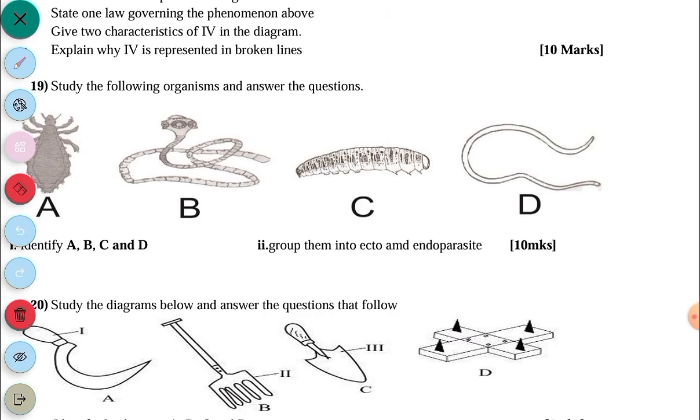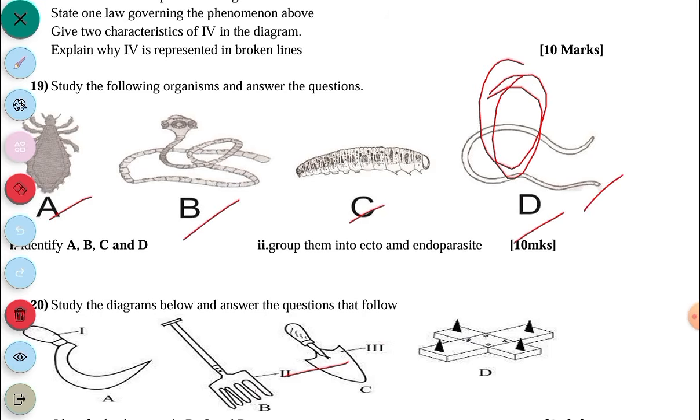Question 19. We are asked to identify A, B, C, and then D. So A is a louse, B is a tapeworm, C is a caterpillar, and then D is a roundworm. We are asked to group them into ecto and endoparasites.